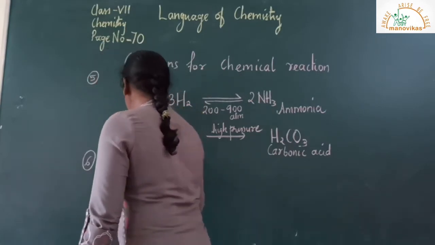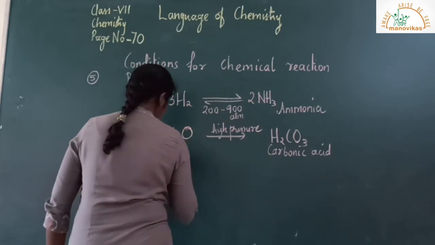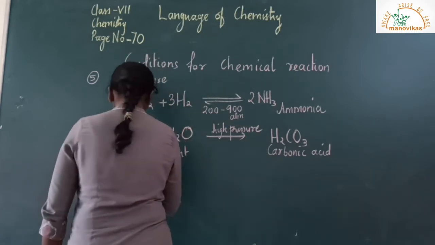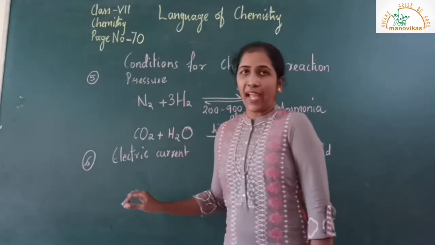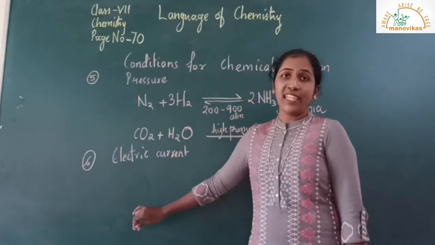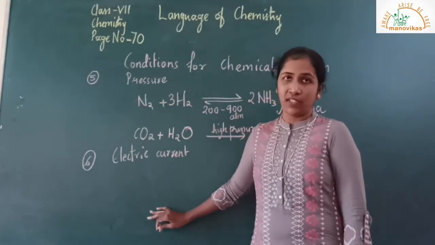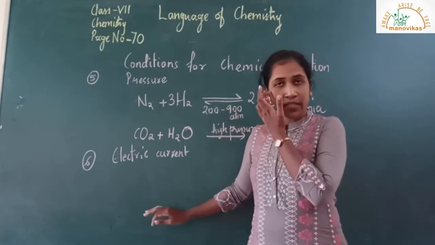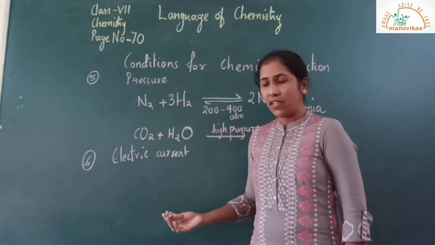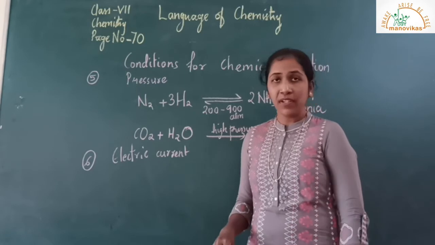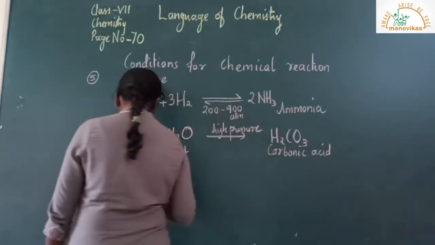Sixth one is electric current. Certain chemical reactions can take place when there is presence of electric current or when there is an electric spark. So here we can take an example, that is decomposition of water.